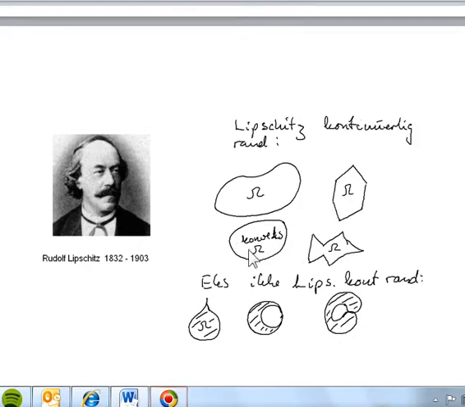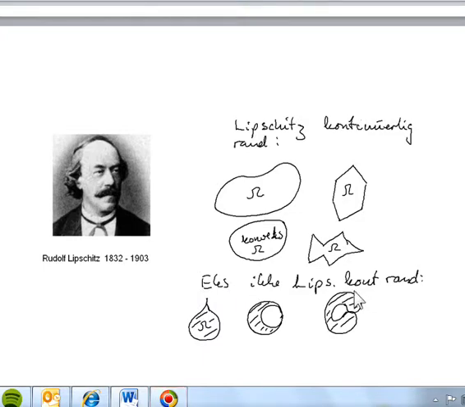A convex set is Lipschitz. Here we also have two examples of bounded domains where the boundary is some polygonal surface.